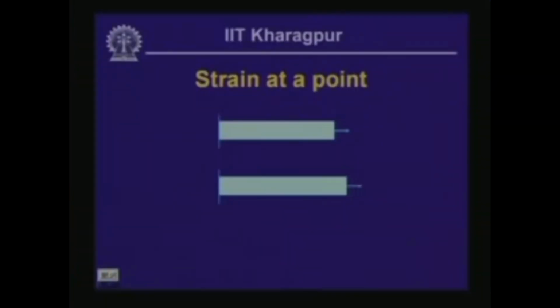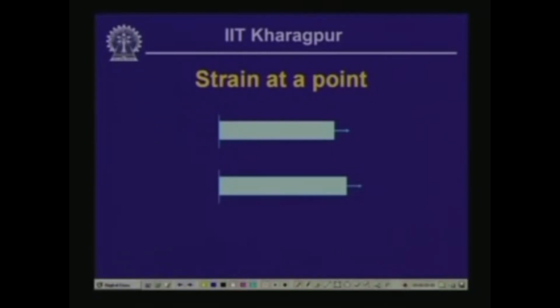Let us look into this particular figure, where a bar which is fixed at one end is subjected to a pull, say P. Now, let us assume that we are interested to find out the strain at a point within this body.